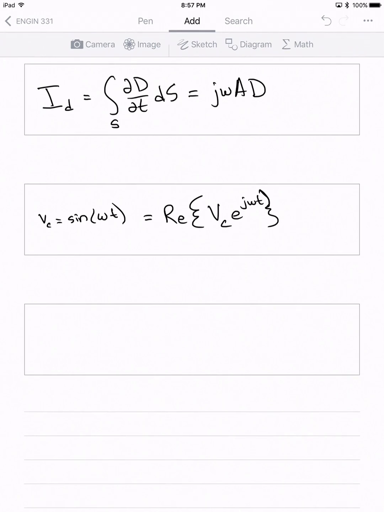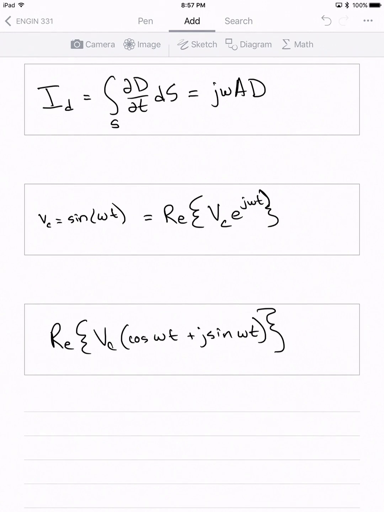Now, e to the j omega t is equal to cosine omega t plus j sine omega t.